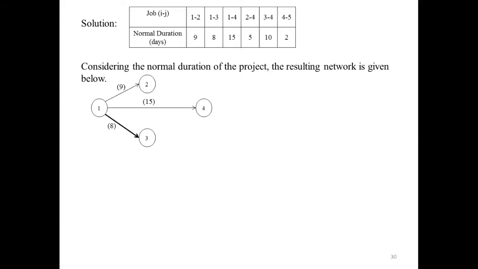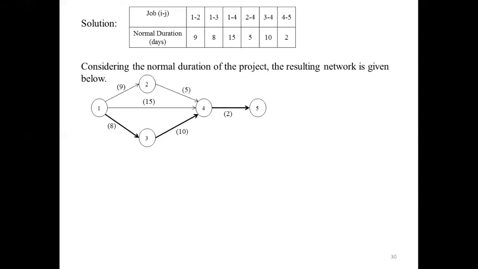There is an activity between 2 and 4, which you represent by an arrow, and the normal duration is 5. Similarly for the remaining activities, 3 to 4 is 10 and 4 to 5 is 2. Here I have represented them with a thin line and a thick line. In network drawing, you have to represent the arrow marker in a thin line.